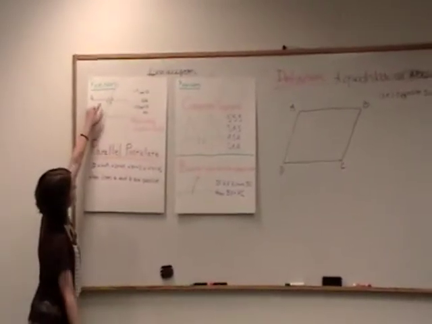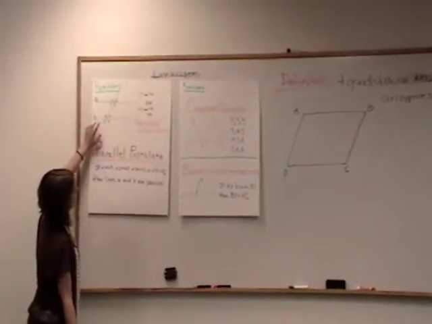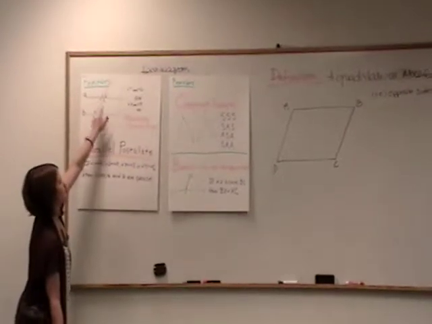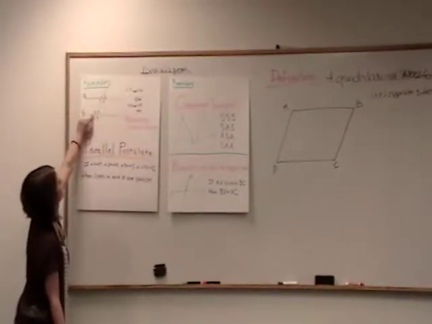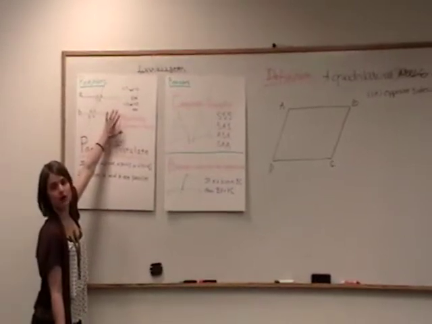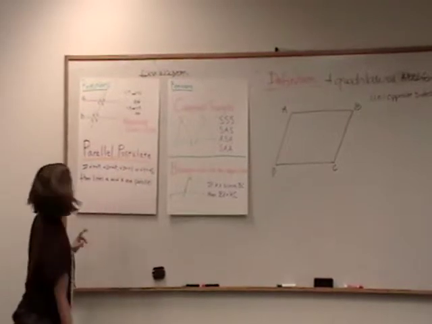We can label each of the angles 1 through 8, and we know that angle 4 is equal to angle 6, and angle 3 is equal to angle 5, because these pairs of angles are alternate interior angles.